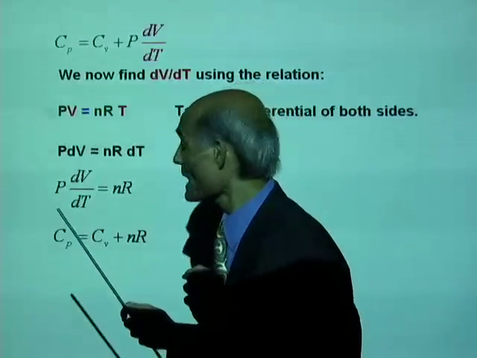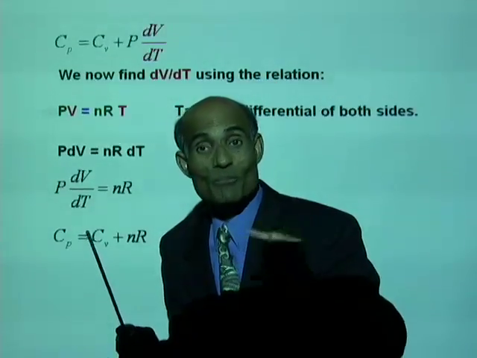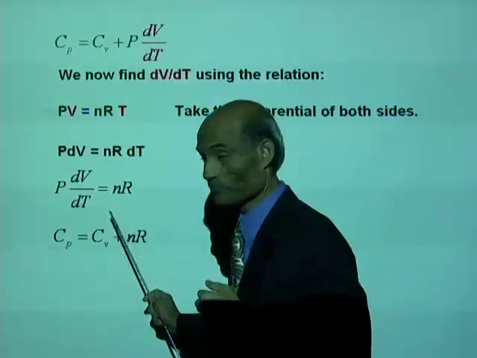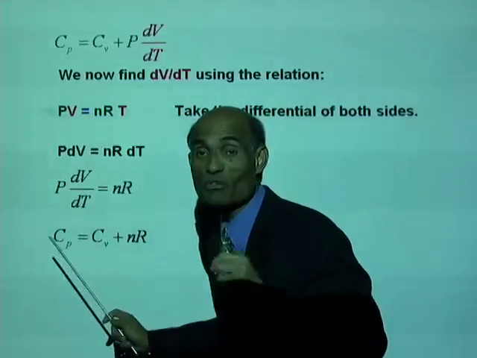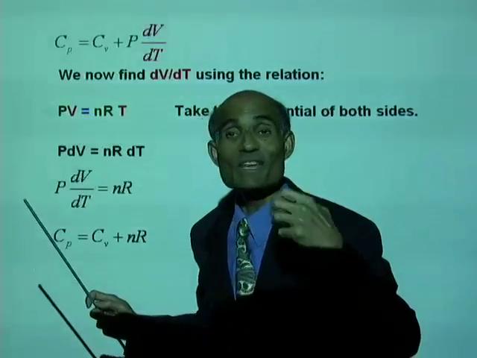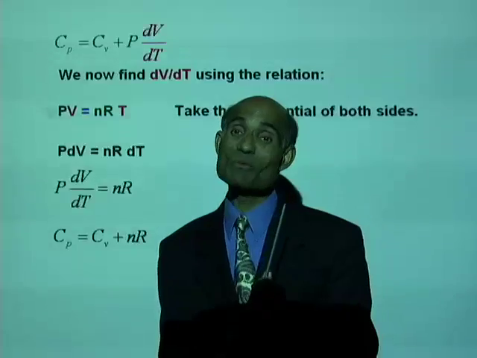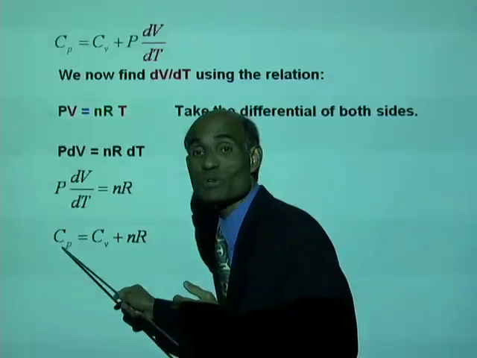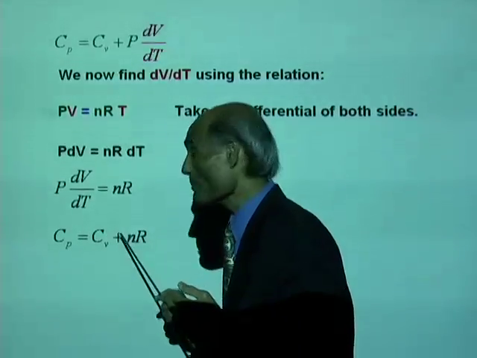Whereas, when you supply heat at constant volume, there is no work done. Therefore, the amount of heat you supply at constant pressure is greater than the amount of heat you supply at constant volume. Cp is greater than Cv. By how much?